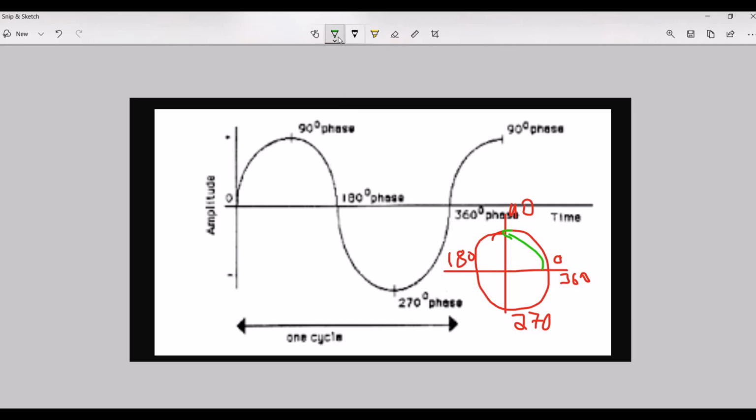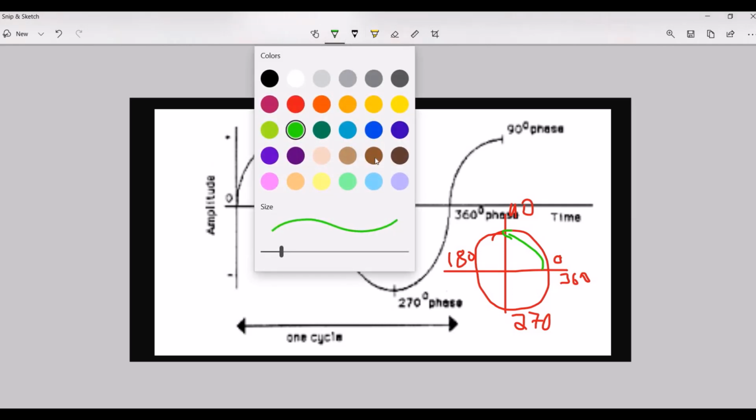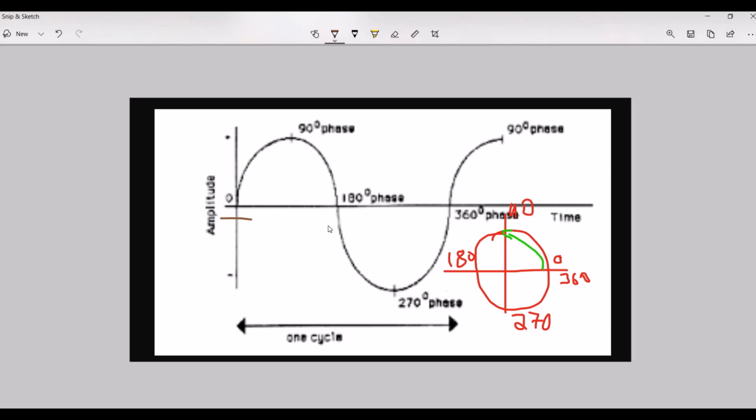Then in the analog signal, this direction is the time, and this side is the amplitude. Then if we complete the signal in some portion of time, this is called the frequency.